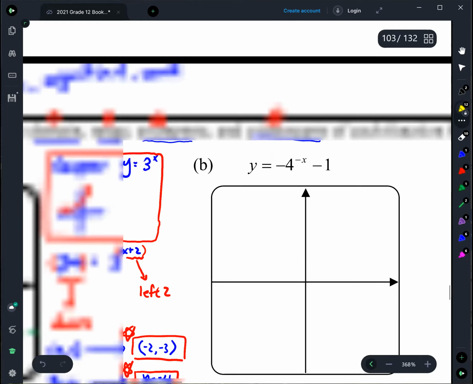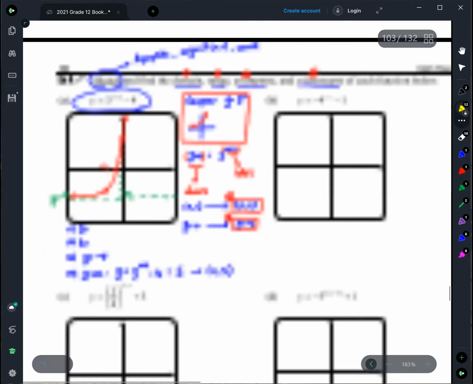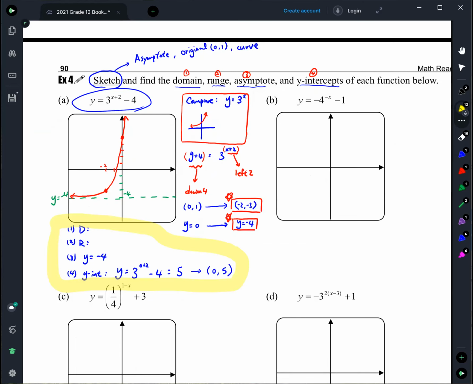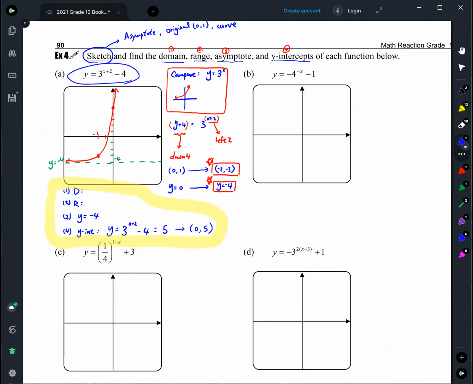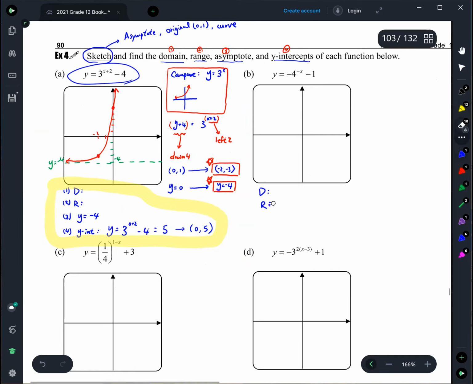Okay, as you do more, should be faster. Okay, please raise your hand if you found the domain range.